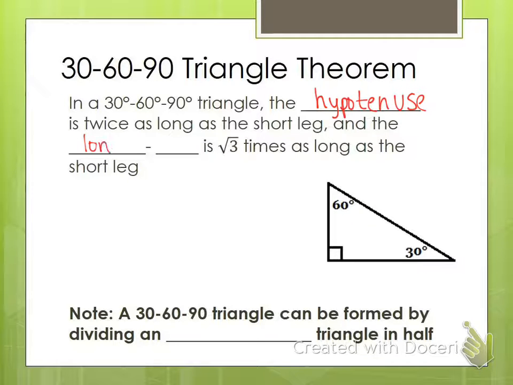And the long leg is root 3 times as long as the short leg. So in our 30-60-90 triangle, our hypotenuse we can still label with an H.